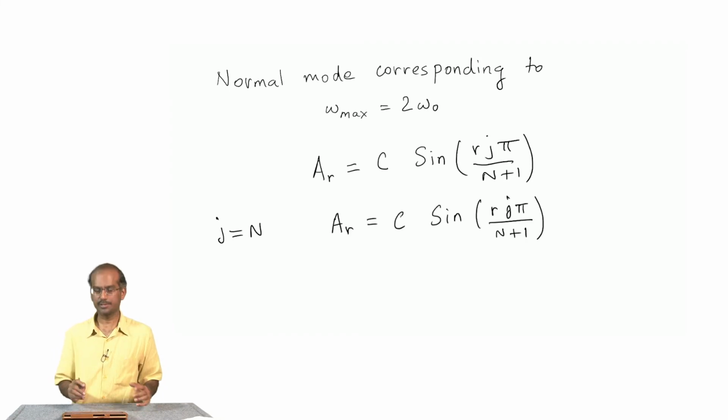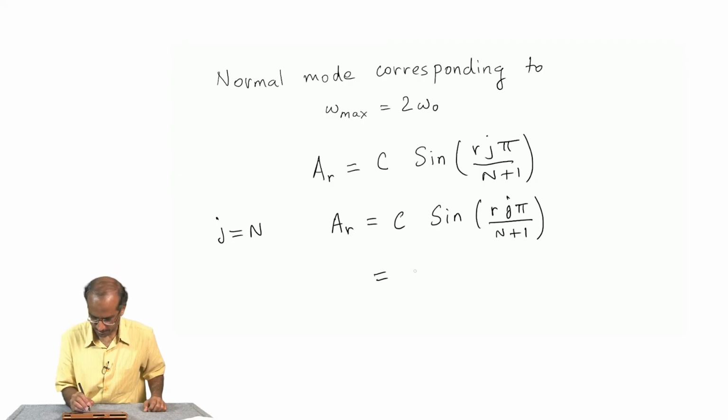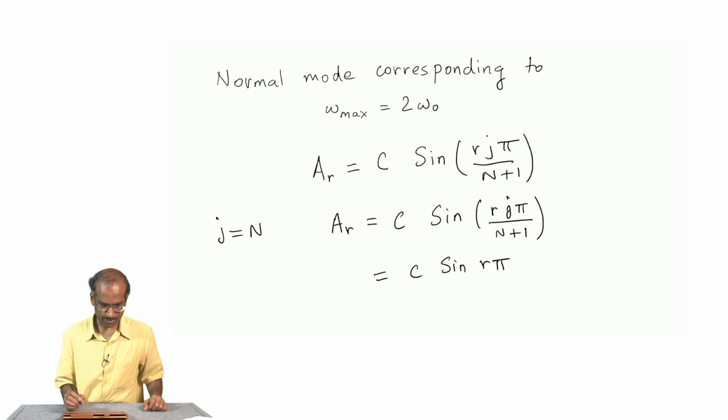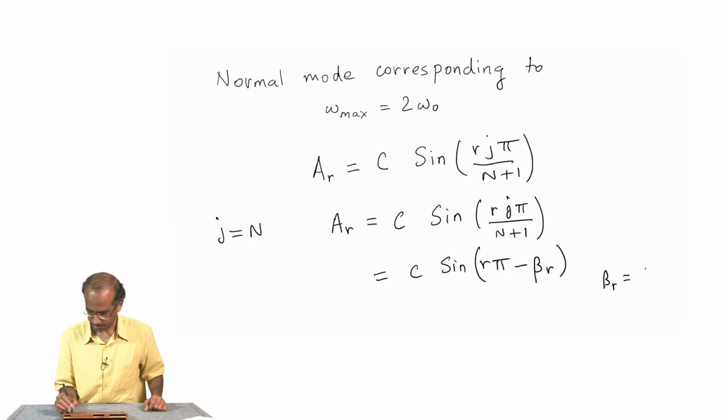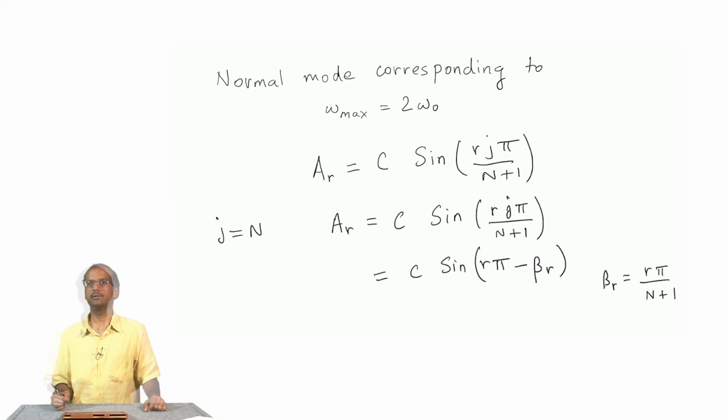This quantity c sin r j pi divided by n plus 1 can be rewritten slightly differently. It can be written as c sin of r into pi minus beta r, where this quantity beta r is equal to r pi by n plus 1. To get some information about the pattern of oscillation, I also need what is A r plus 1.